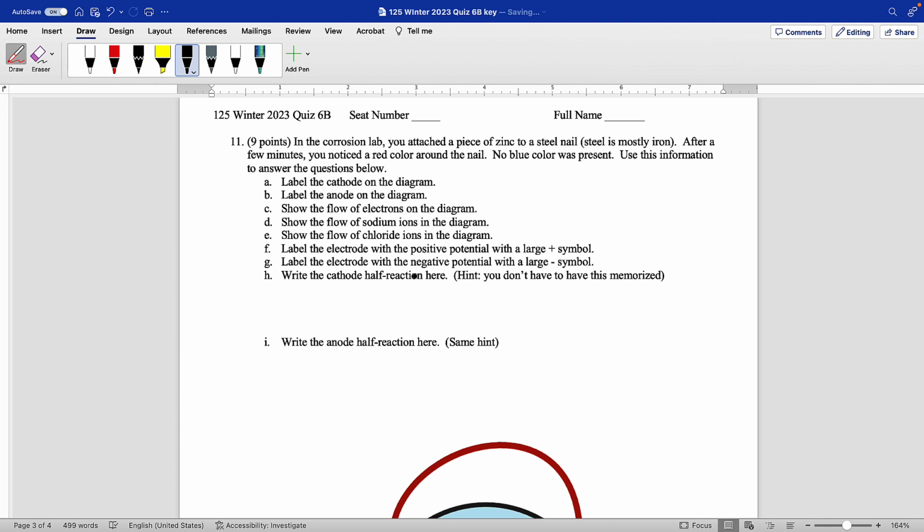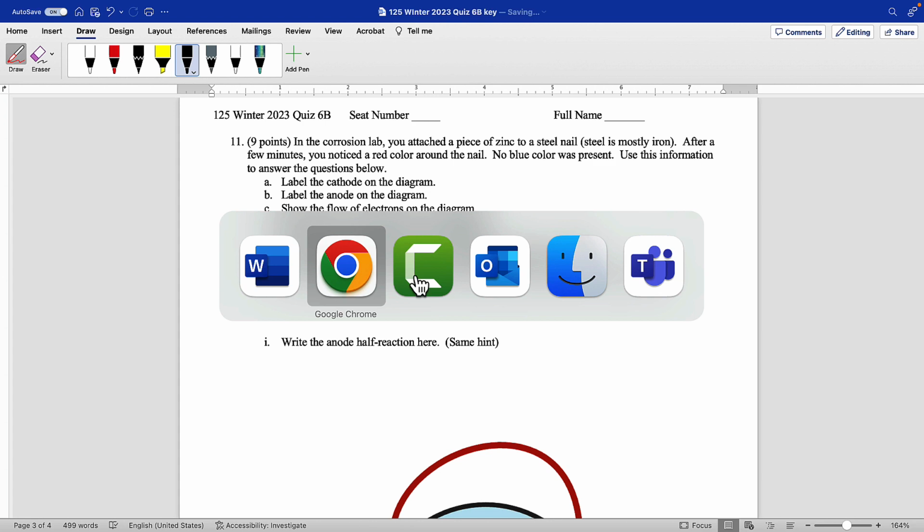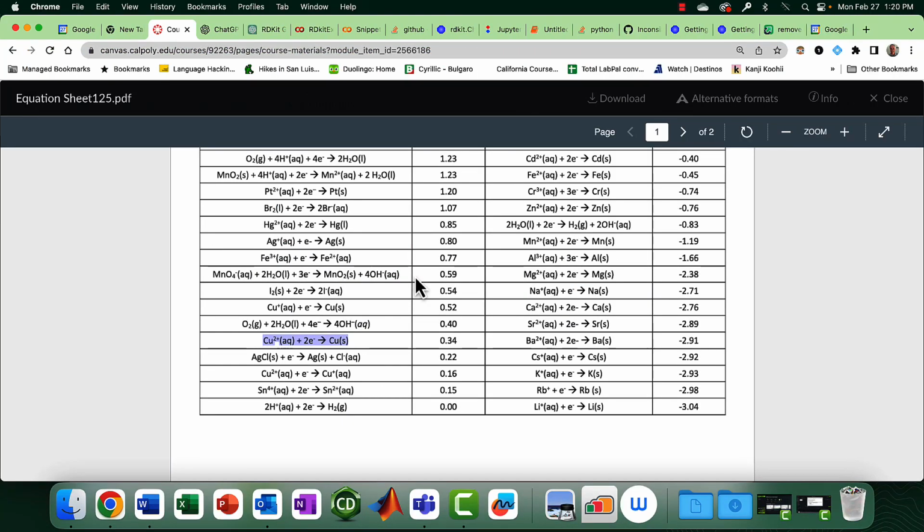And remember we said that red is oxygen being reduced. So we want oxygen being reduced and we want hydroxide being produced as well. And if we look at this reaction, we can see oxygen is being reduced and it's producing hydroxide. So that looks like our reaction that's producing a red. So we can write that we've got oxygen and 2 waters, 4 electrons being reduced.